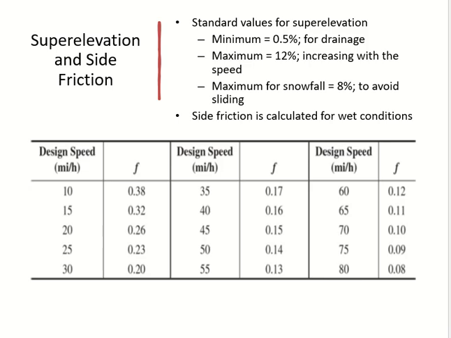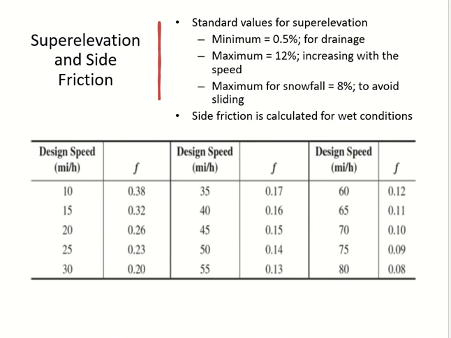For E and F, super elevation, we have a range here. You can pick values from this range and check if they are safe for your highway or not, but you should not exceed this range. The minimum value of super elevation is 0.5%, which means there is no issue of safety there. So 0.5% is given for what purpose?